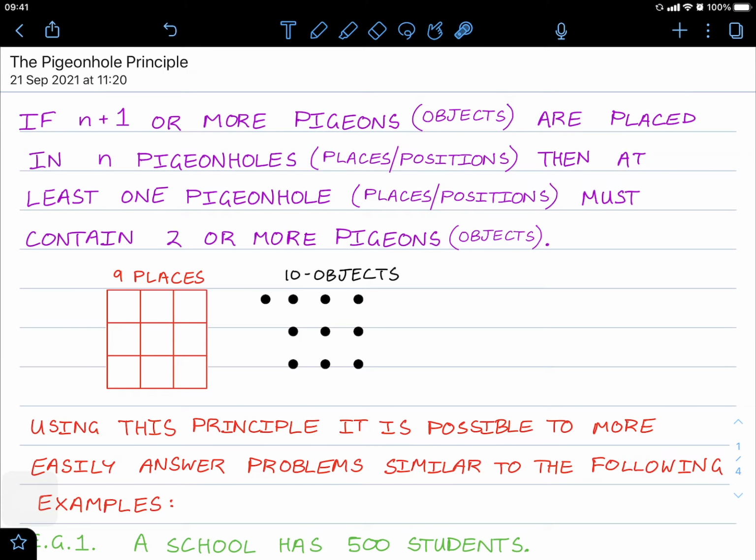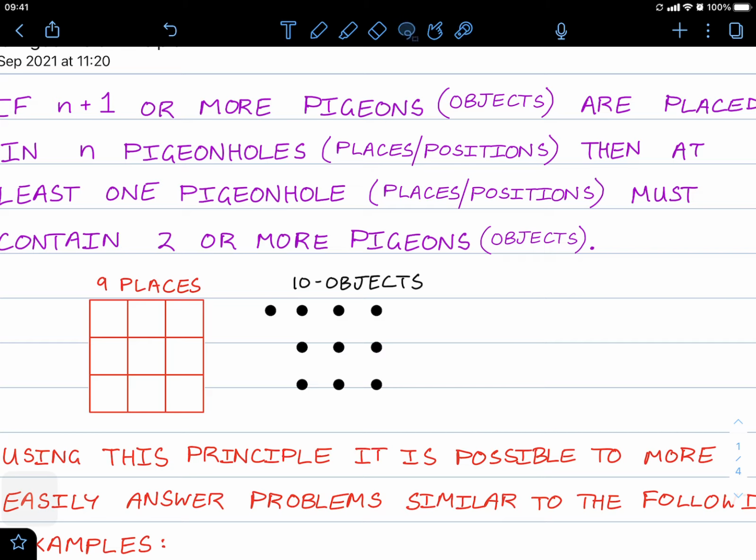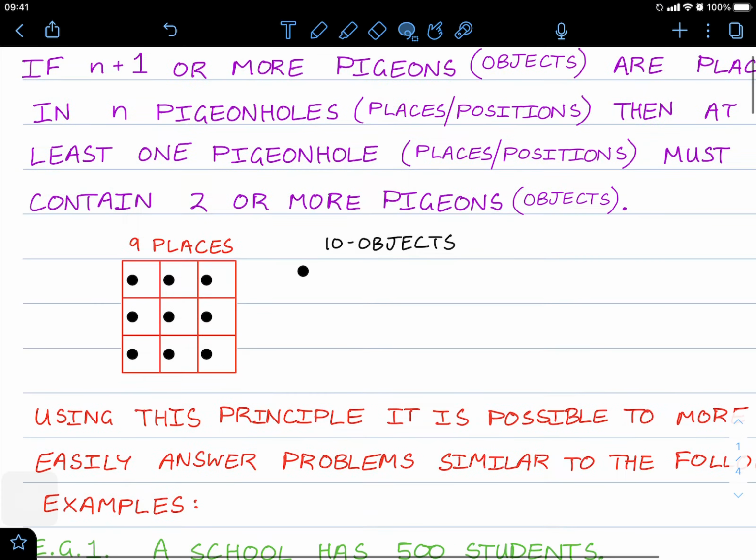I'll demonstrate this a little more loosely. Here are my objects, they're just dots, and here are my positions, which are just boxes. If I were to fully saturate each of these positions with one pigeon or dot in each of them, now that it's fully saturated, since there are more objects than positions, this object has to go into a place that already contains one.